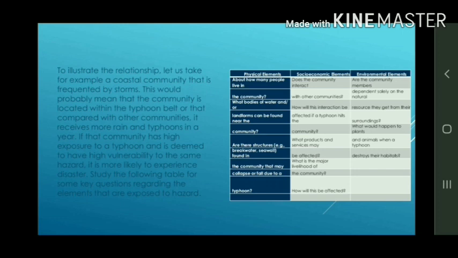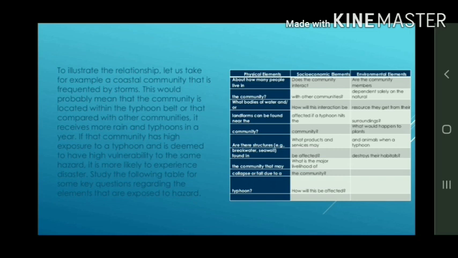Study the following table for some key questions regarding the elements that are exposed to hazard. For our table, it simply means that physical, socio-economic, and environmental elements are the agents of vulnerability that can enhance or reduce communities' exposure to hazard.